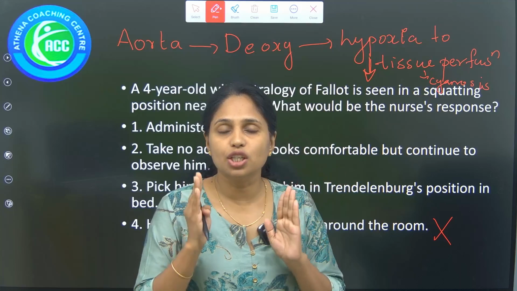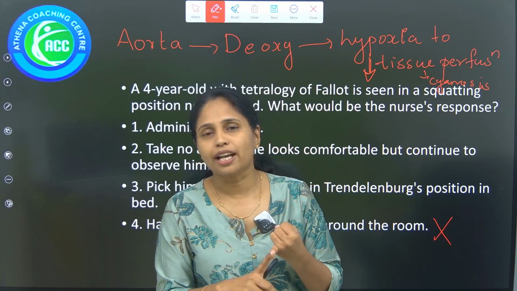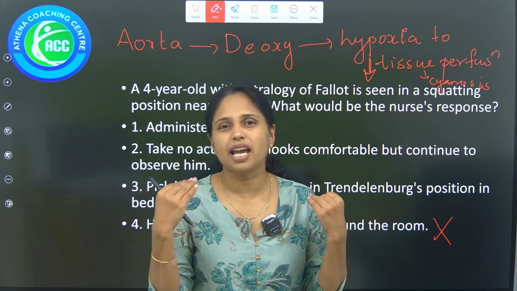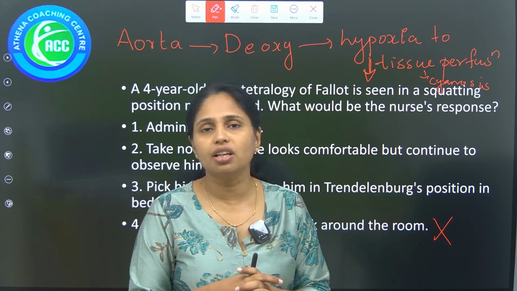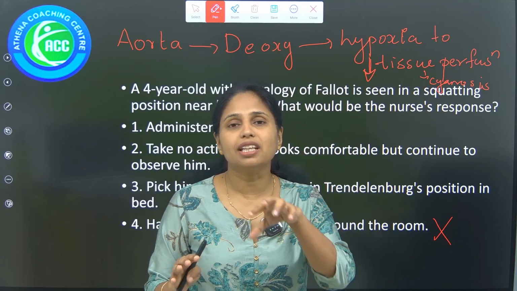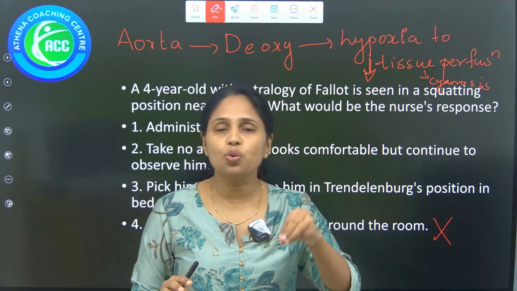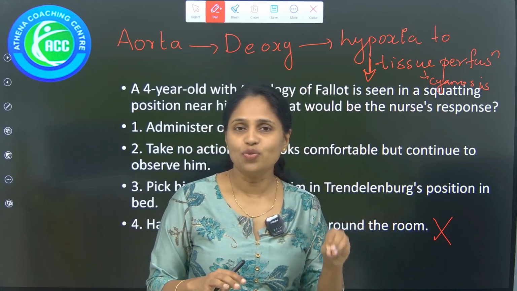You just continue observing. And if you notice any kind of acrocyanosis, tet spell, cyanosis, breathing problem, any of those things, yes, you have to act immediately. Otherwise, squatting position is the truly better intervention for tetralogy of Fallot.